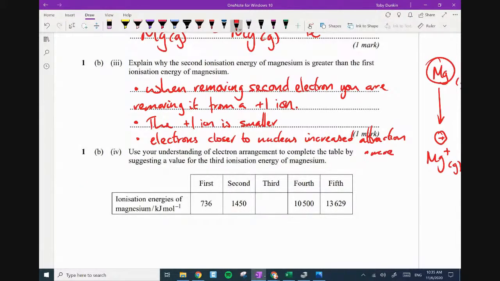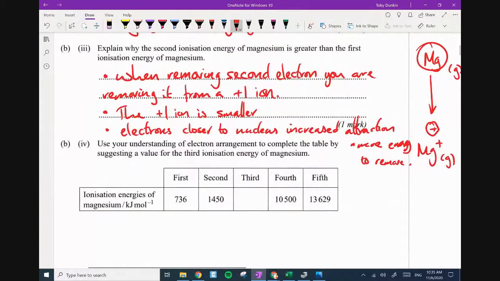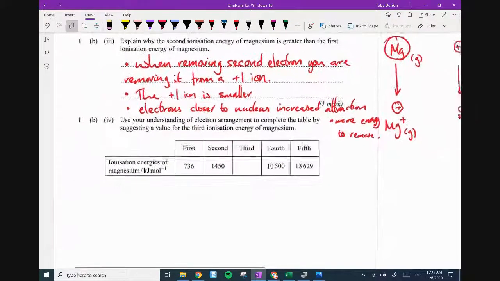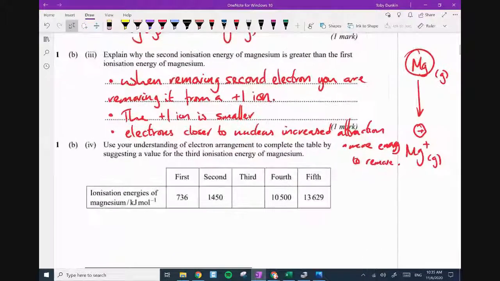More energy to remove. I know that it appears like I'm running out of space. In reality, if I was writing this in an exam, I'd be shrinking my text so that it would fit on the lines. That is a very reasonable amount of space to write all that. But you definitely need all of that information.